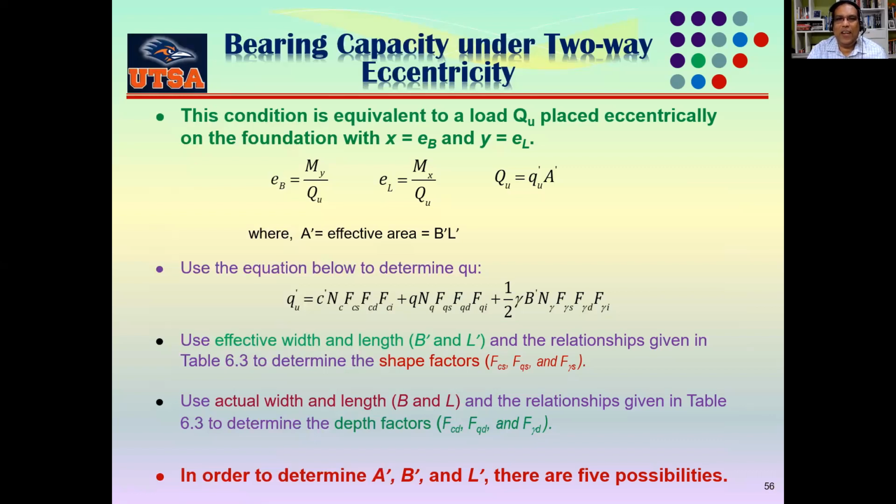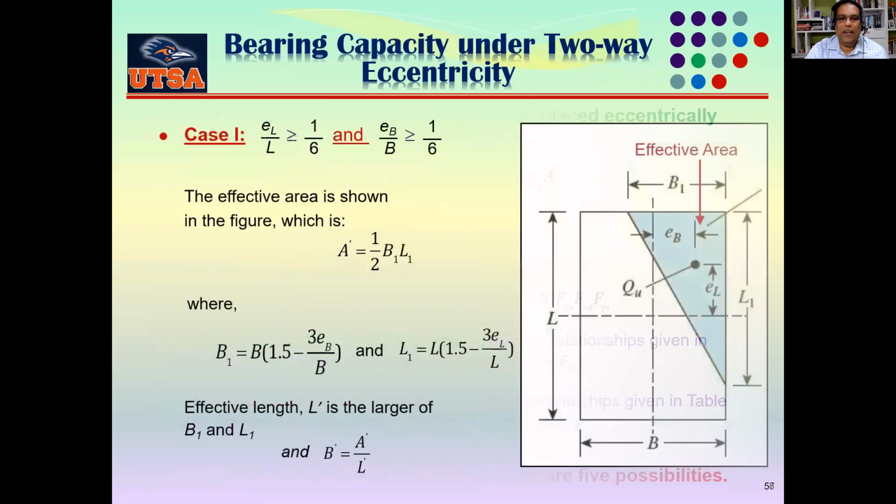So based on that, we have to solve the problems, okay? Now see here, this is our case number 1. So you can see your EL by L is greater than 1/6 and EB by B is greater than 1/6. Both are greater than 1/6.